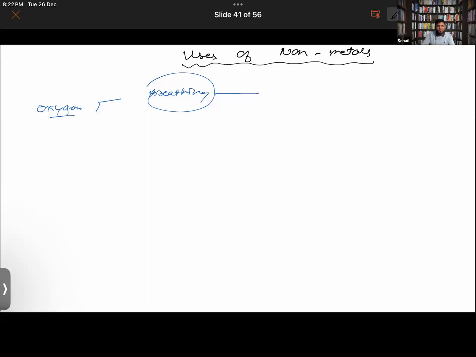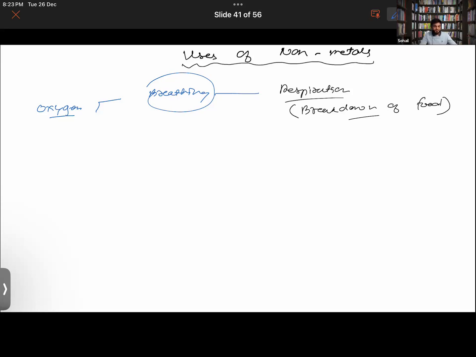To cause respiration. Respiration, you all know that this is breakdown of food in presence of oxygen, and in some cases it could be in absence of oxygen also. I did tell you, I believe, about the aerobic and anaerobic respiration also.